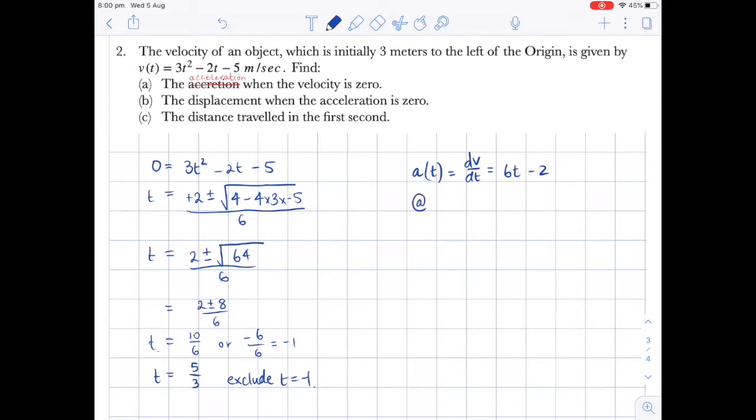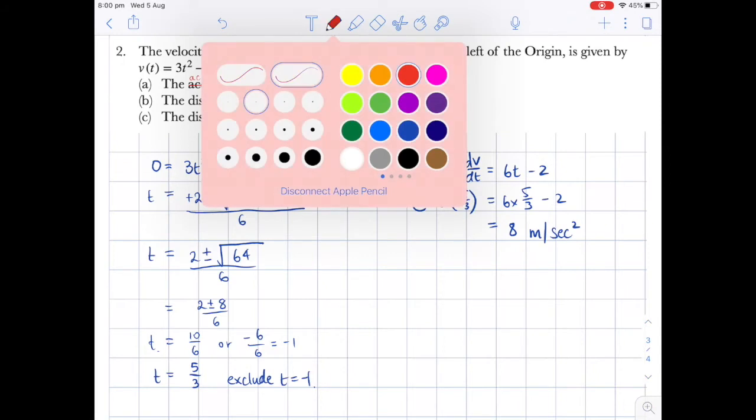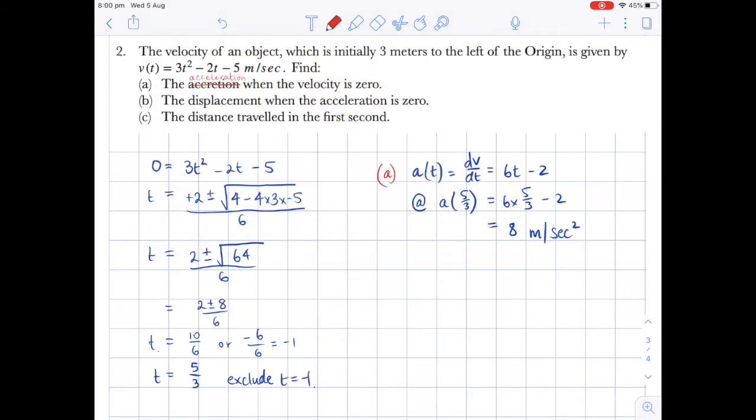Then at t equals 5 on 3, we end up with 6 times 5 on 3 minus 2, which is 30 on 3, which is 10, take away 2 is equal to 8, and our object is travelling in meters per second, so it's meters per second squared. Alright, so that is part A complete.